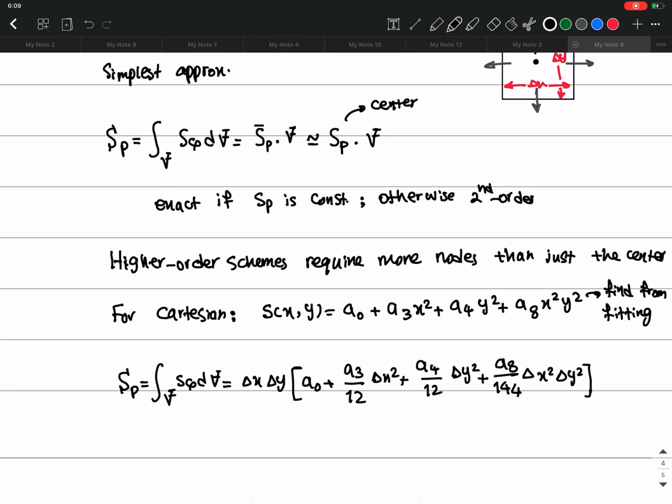Okay, so this is the approximation we have for this volume integral, accounting for using this fitted polynomial here.